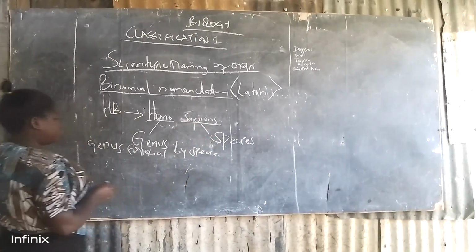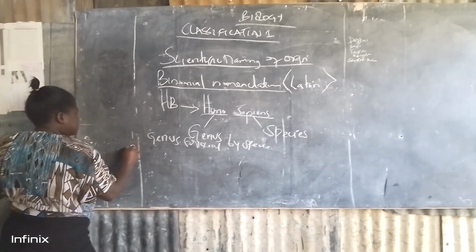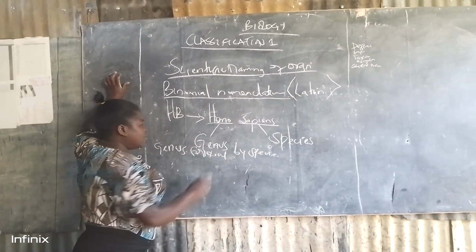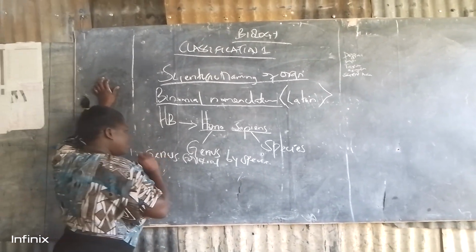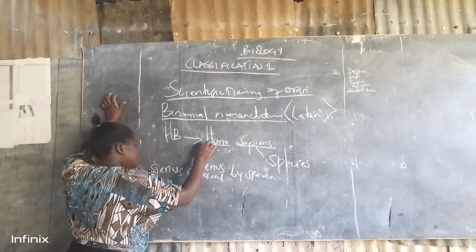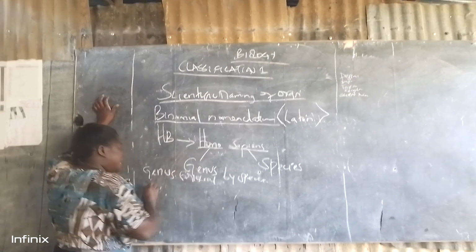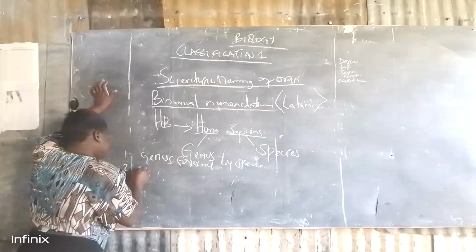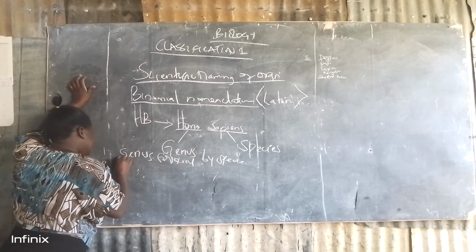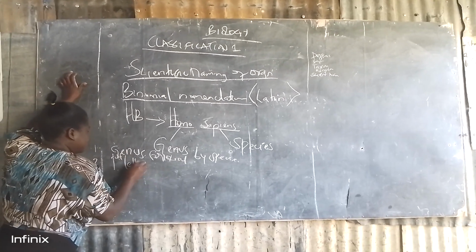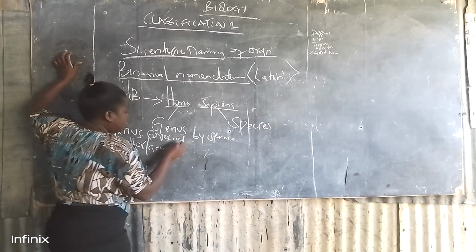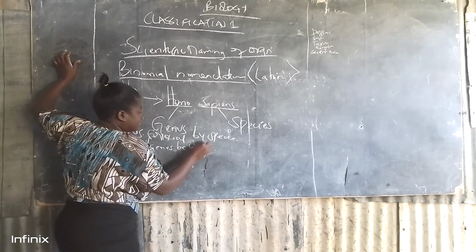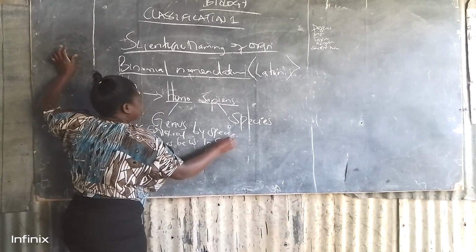The first name is the genus. The second name is species. Then another rule is that the first letter of the genus, that is H, should be in capital. Genus should be written in capital.